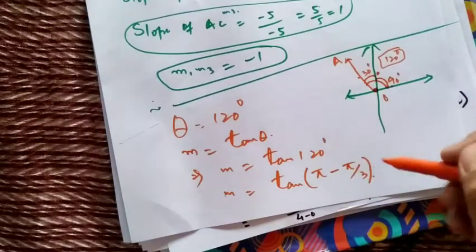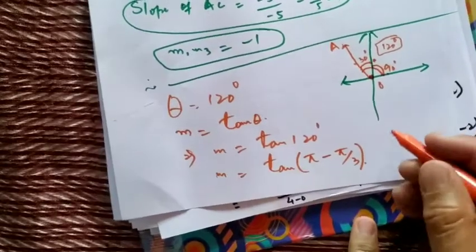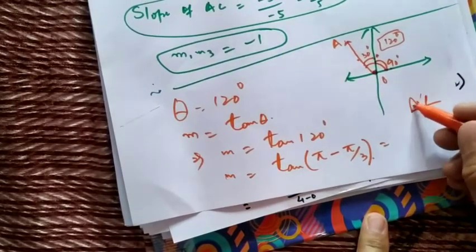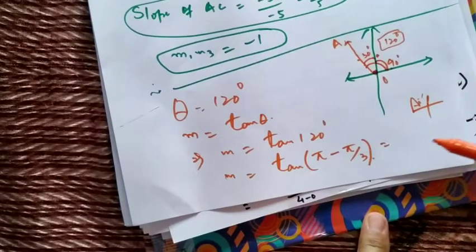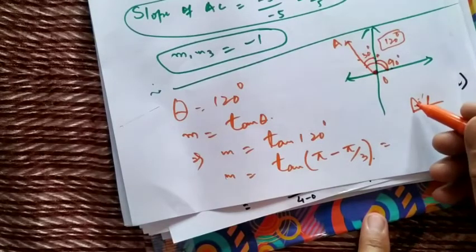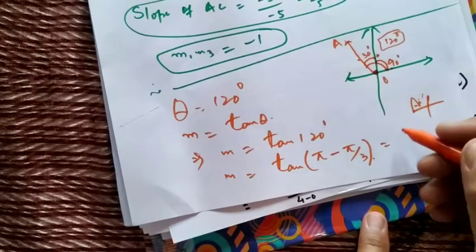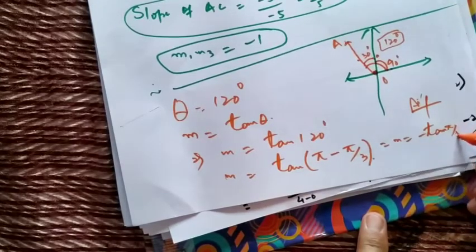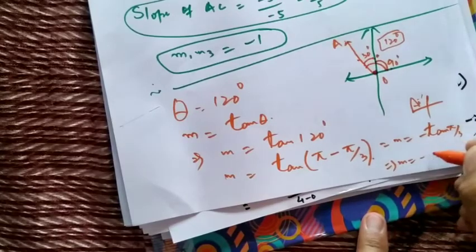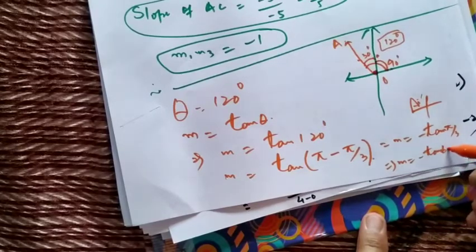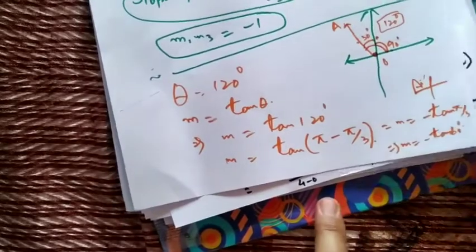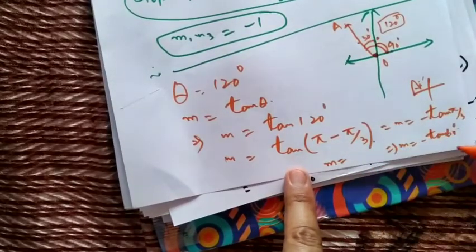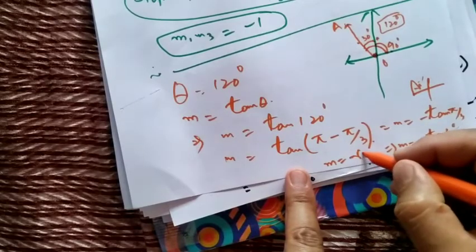Here you can use quadrants. Pi minus theta is in the second quadrant, where only sin and the reciprocal of sin are positive, and the remaining are negative. So tan is negative. So m is minus tan of pi by 3, that is m equals minus tan of 60 degrees, that is minus √3.